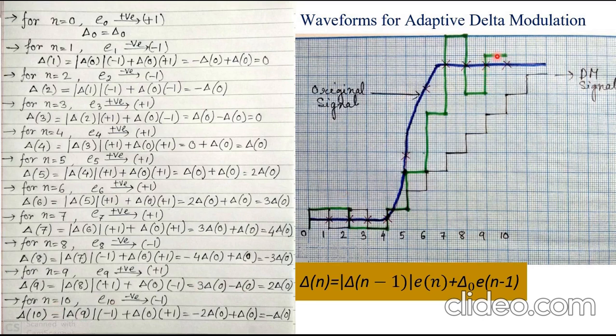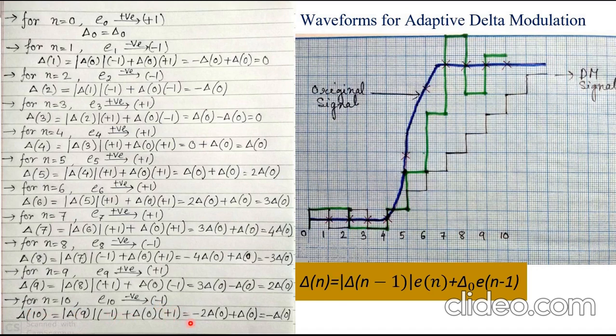So for n equal to 10, the original signal is less than the staircase signal. So the error is negative. So E10 is negative, which means you will have to send -1. So delta 10 equals mod of delta 9 into current error, that is -1, plus delta 0 into previous error, that is +1.